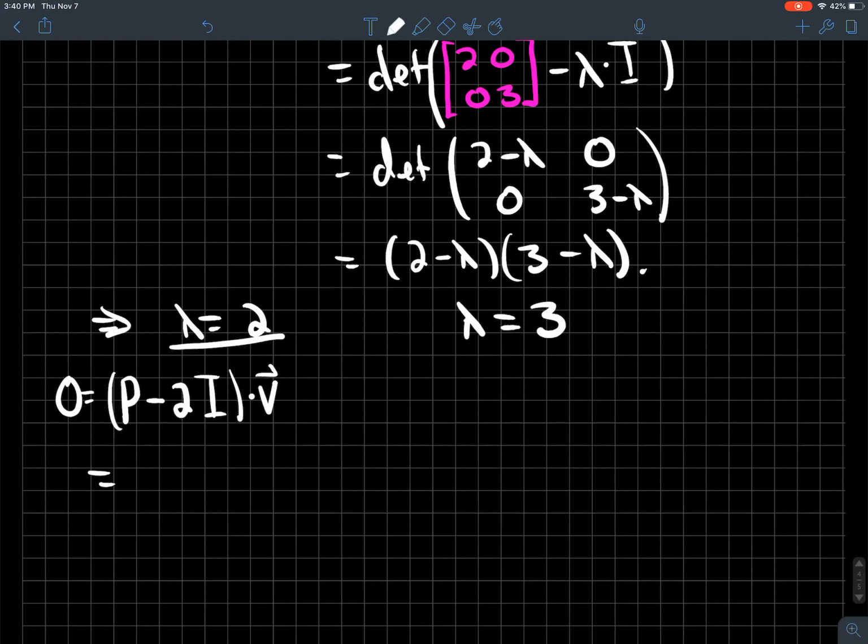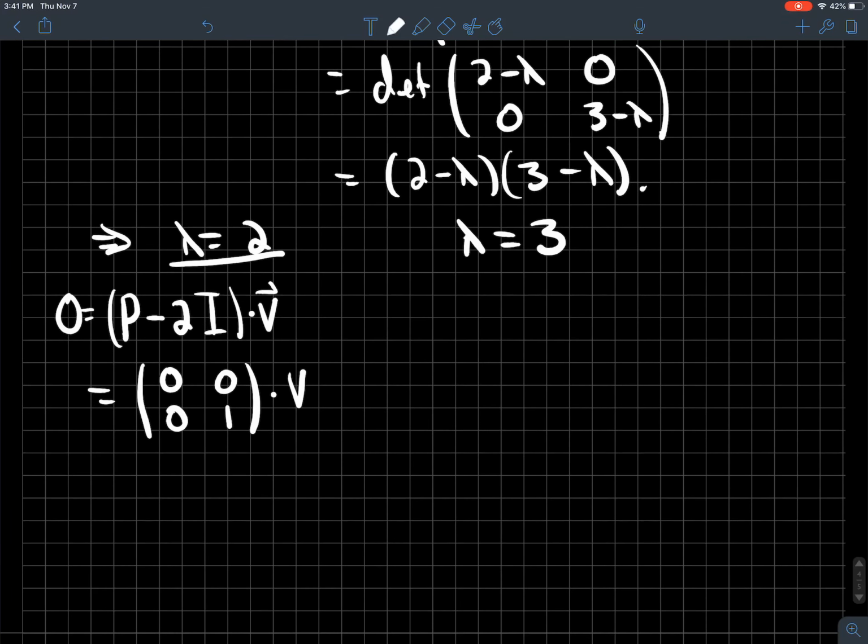Filling in the blank using our matrix, we get 0, 0, 0, and we subtract 3 minus 2, which gives 1, times V. This matrix is pretty easy to solve.